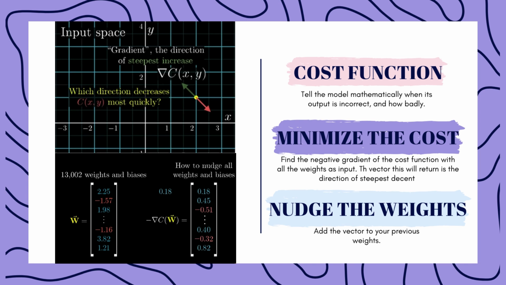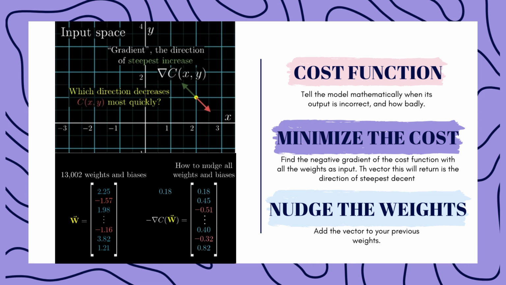And the true key to machine learning, and trying to tweak these weights and biases to be the best, is to minimize the cost. And the way we do that is that we find the negative gradient of our cost function, with all the weights as its input. And the vector that this will return is the direction of steepest descent.